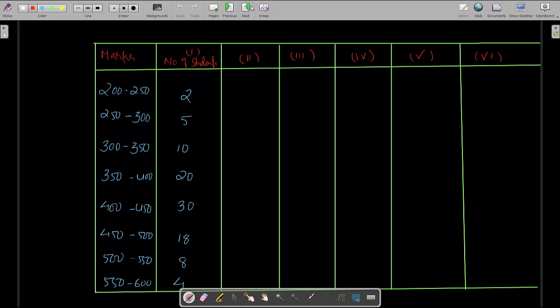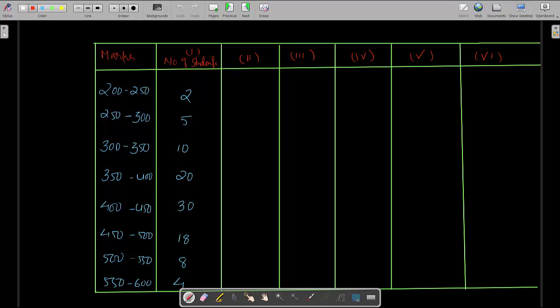So now I have already set this question here. First things first, you have to make a table. Every time you're asked to make 6 columns, that is 1, 2, 3, 4, 5, 6. However, you have to make one additional column to add up the series given in the question.